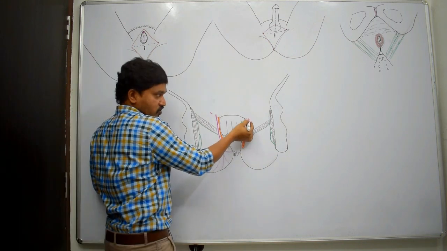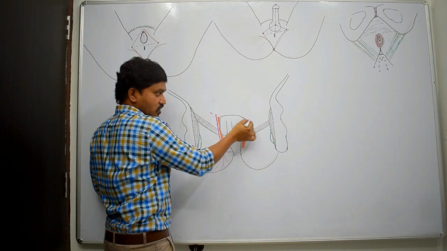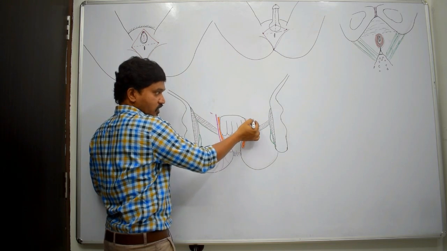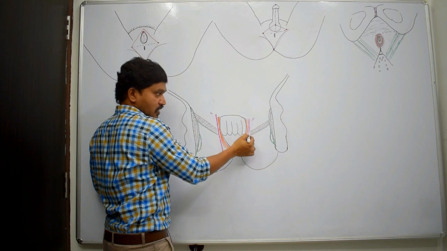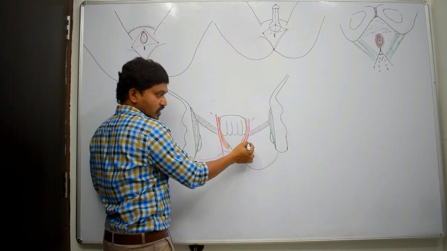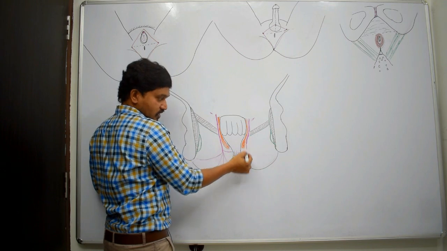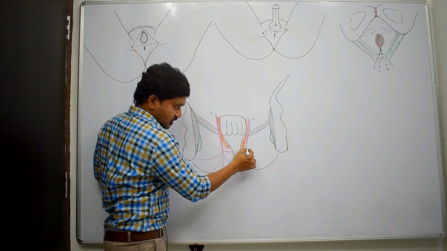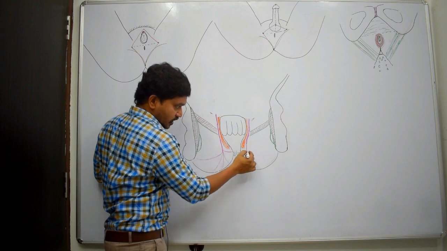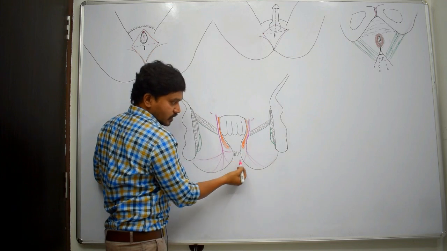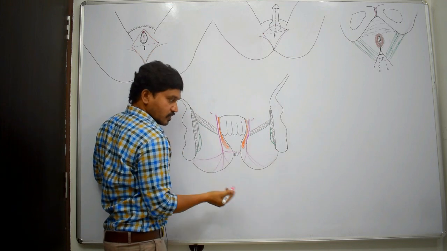Let me draw here also. This is longitudinal muscle coat of rectum and anal canal. After uniting with puborectalis, it forms conjoined longitudinal coat. This conjoined longitudinal coat, if you trace it down, it divides into so many fibroelastic septa. Those fibroelastic septa attach to the perianal skin. In these septa, two septa are important.